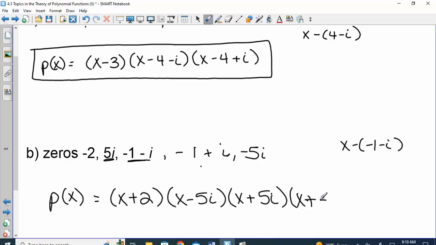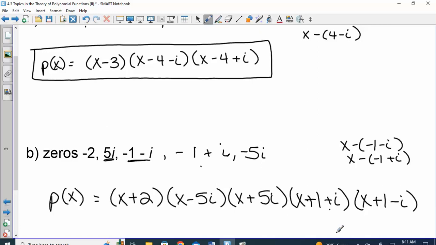So it's plus i, so it'd be x plus 1 plus i. Last one, if I do x minus -1 plus i, that gives x minus 1... x plus 1 minus i. So the only difference on those is the sign on the i. Because conjugate. All right, so far so good?